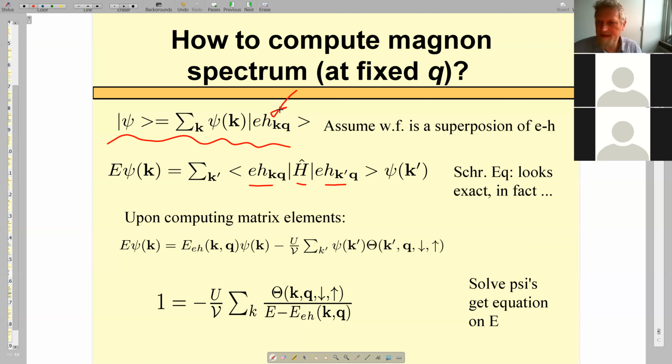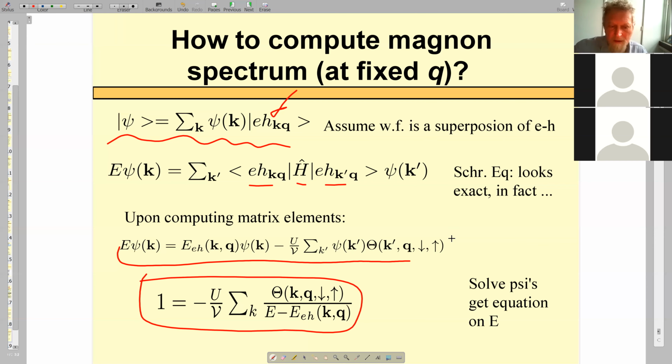You write these non-diagonal matrix elements as a matrix. So in fact, you again find the best approximation for this trial wave function. Then you have a kind of Schrödinger equation for this wave function psi. You solve this equation, you find eigen energies corresponding to this solution. You're done with the spectrum.